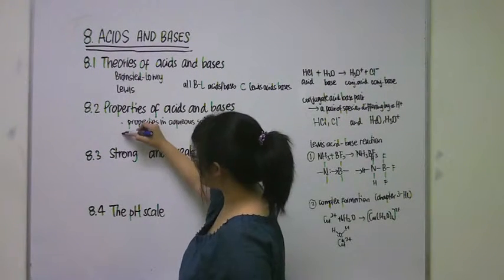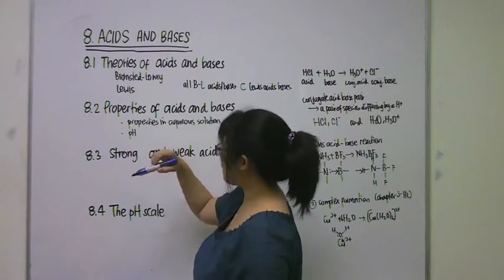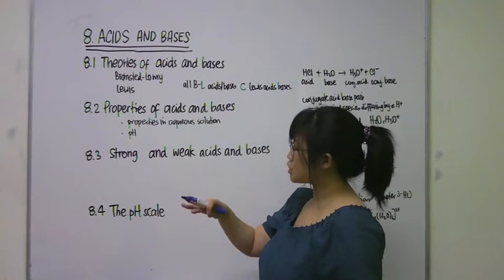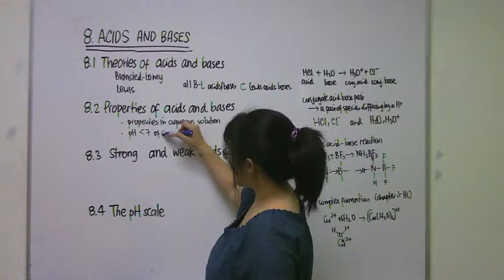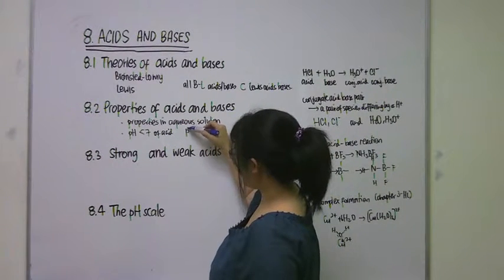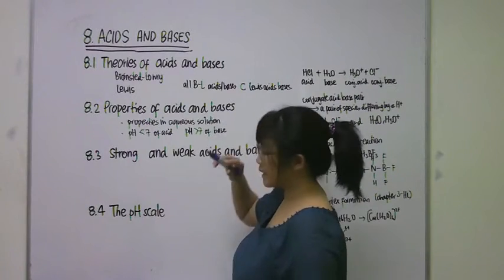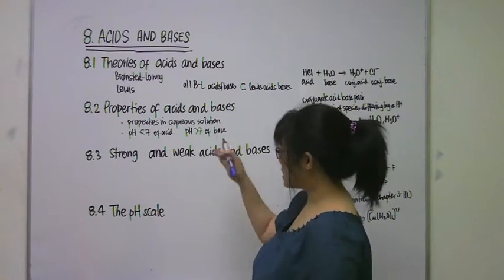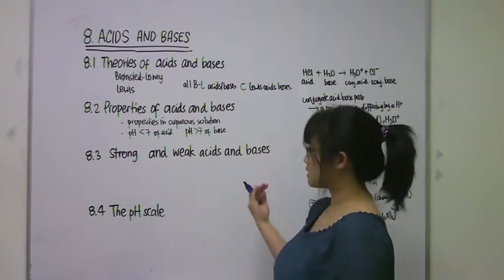And you also need to explain about the pH. This one is only for SL. So we can say that the pH of an acid is less than 7, and for a base is greater than 7. But later we will learn in the HL part that 7 is only for 25 degrees Celsius. So for SL this is sufficient.